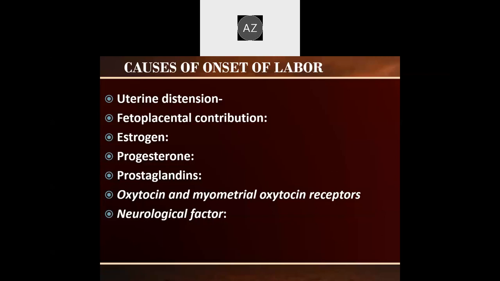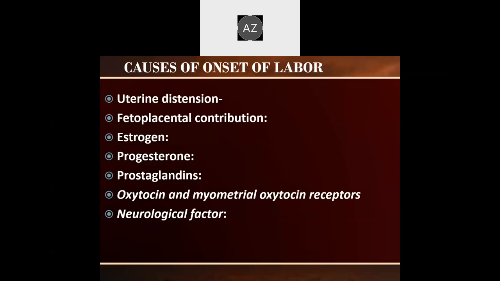So we have uterine distension as the baby grows, and we have the uterine contents, the placenta, the amniotic fluid, as the days go by and every week of gestation increases. There is distension of the uterus, and then we have the fetal placental contribution to these.